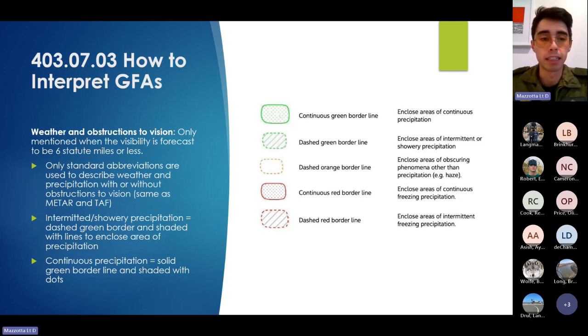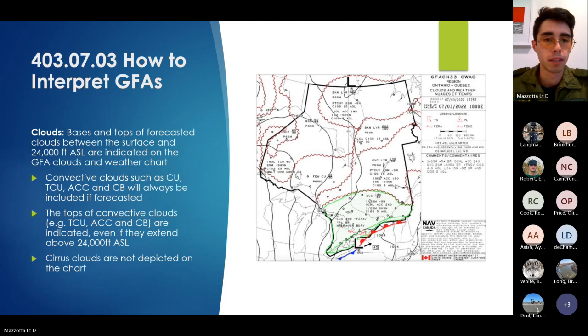Continuous precipitation is going to have a solid green border and shaded with dots, which is going to be that top green symbol on the picture there. And you can see on this GFA here as well, there's some precipitation in southern Ontario. That's what it would look like on the GFA.